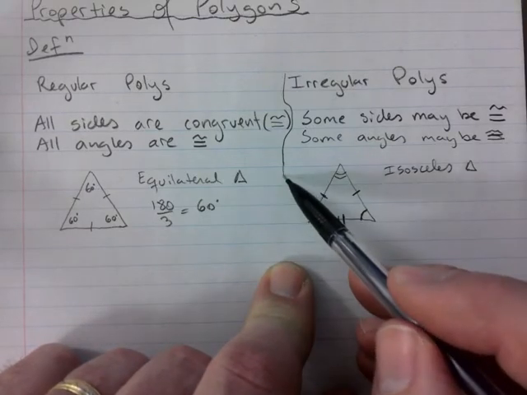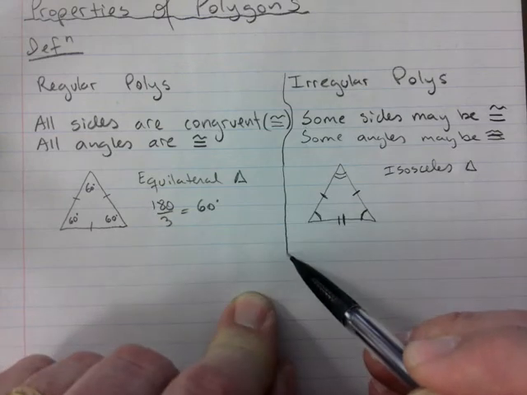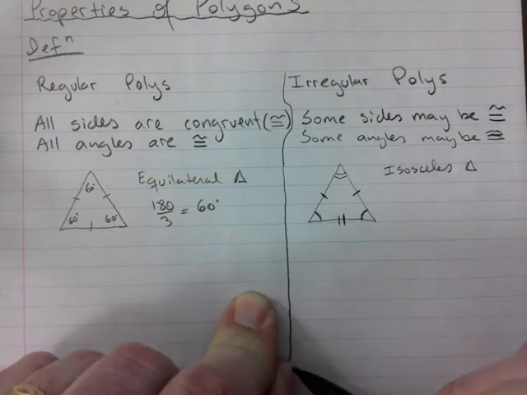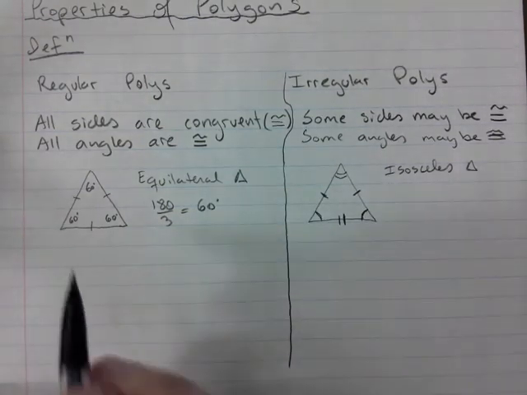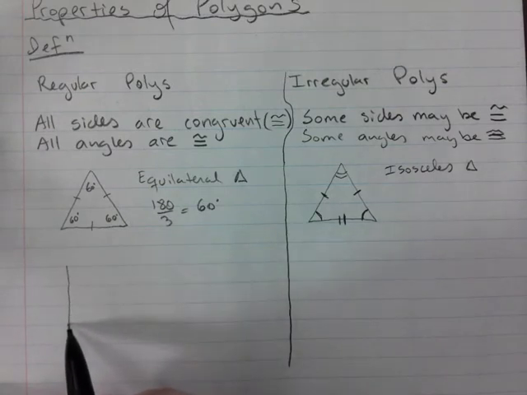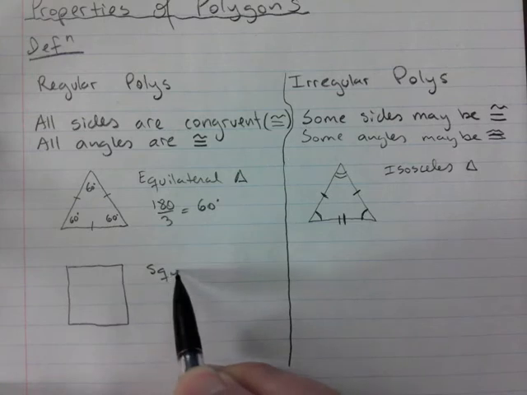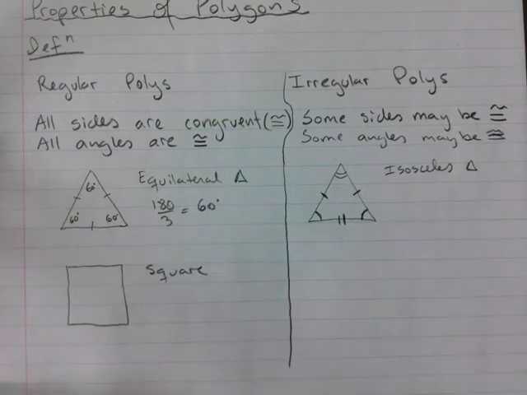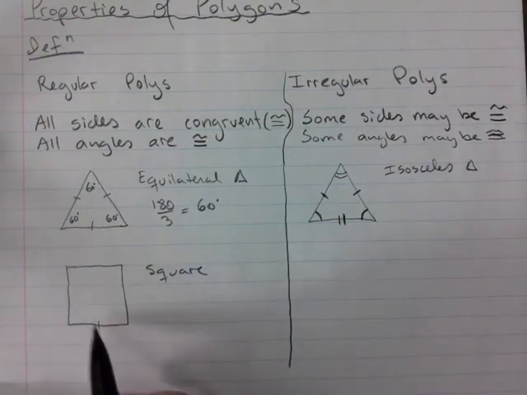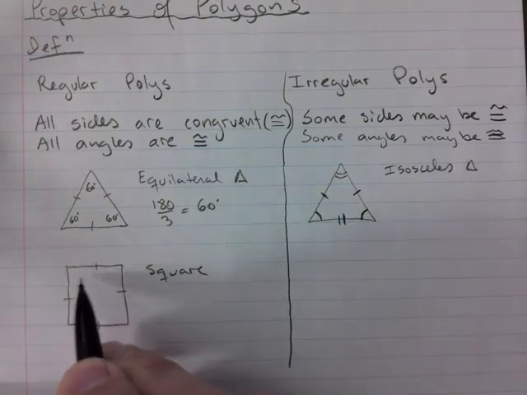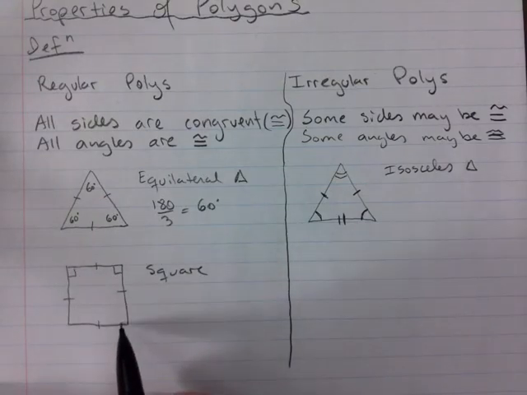So I continue my line here, cutting them. On this side, you have a square. That would be a regular 4-sided shape. So you have a 90 in every corner.